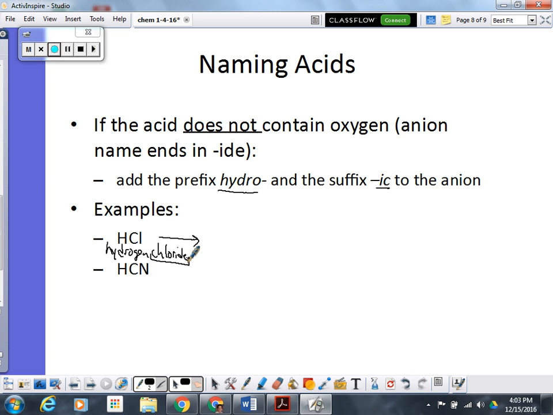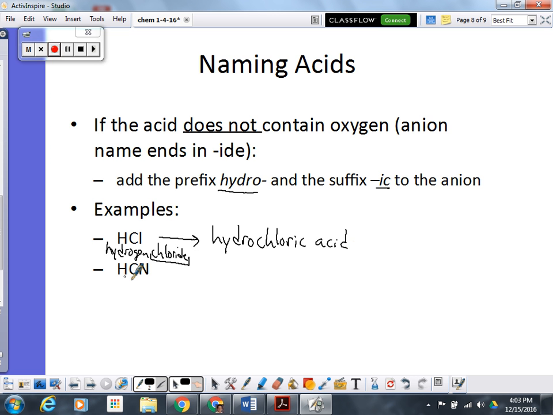I give it the prefix hydro. So I say hydro, chlor, and then I change that IDE ending to IC. So that would be hydrochloric, and then the word acid. So hydrochloric acid. If I had fluorine instead of chlorine, it would be hydrofluoric acid.